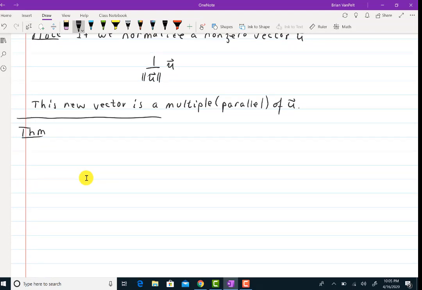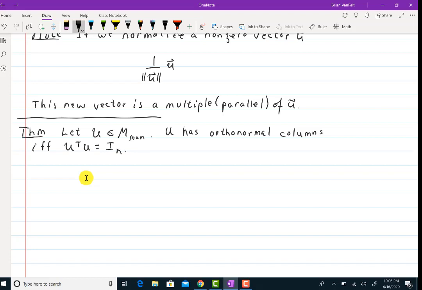Theorem. Let U be an m by n matrix. Then we have U has orthonormal columns if and only if the transpose of U times itself is equal to the identity matrix.